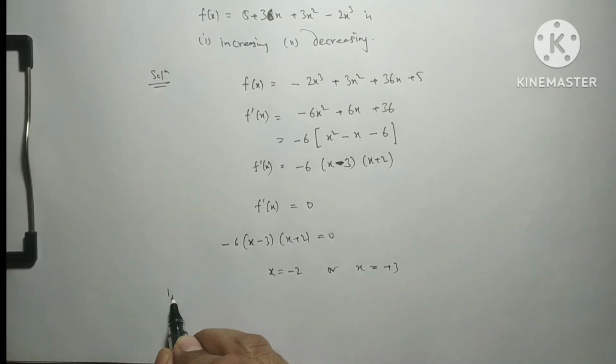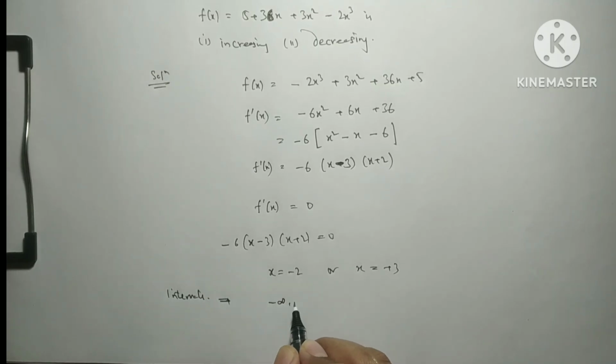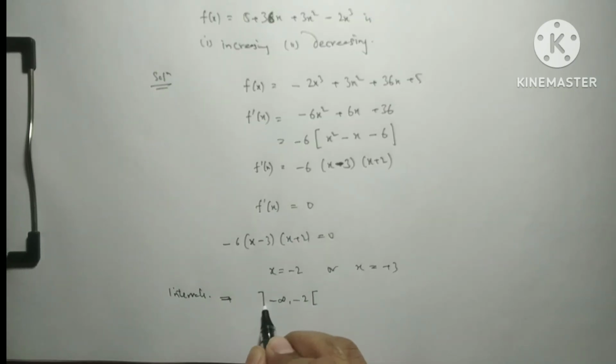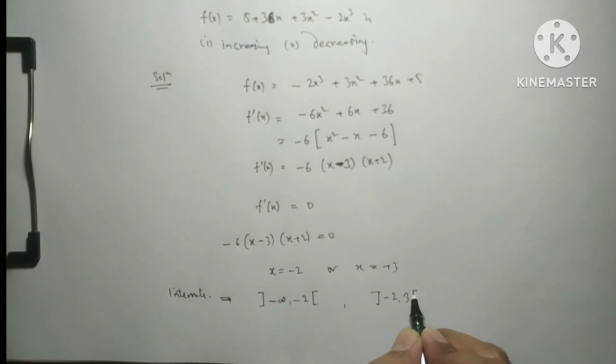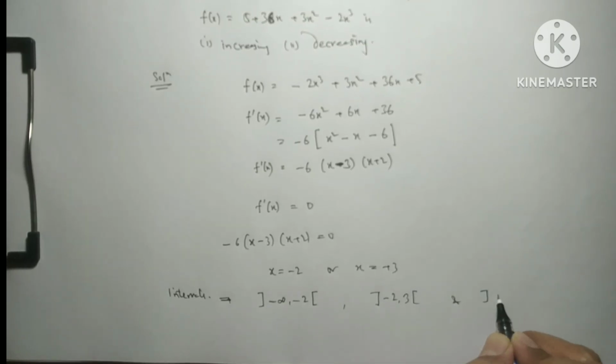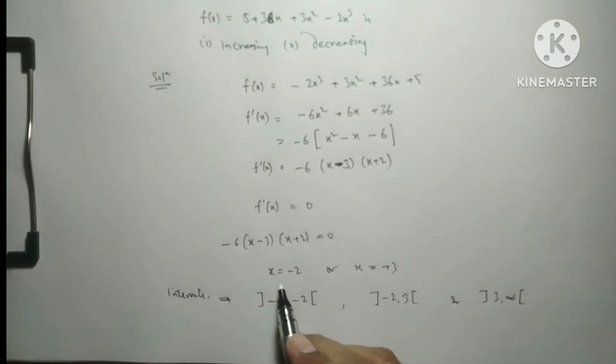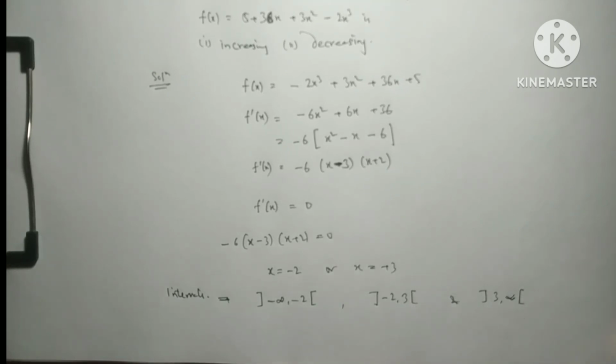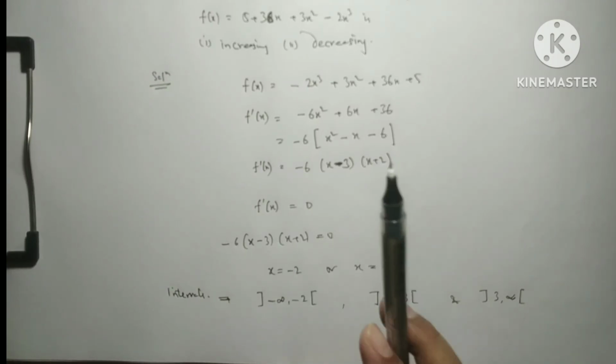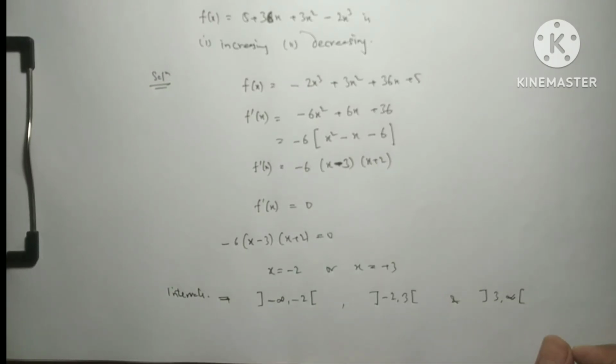So the intervals will be minus infinity to minus 2, minus 2 to plus 3, and the last one is 3 to infinity. So if you have two values of x, then you have three intervals, one extra.